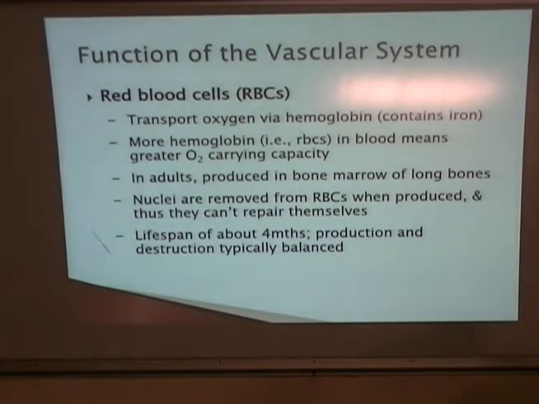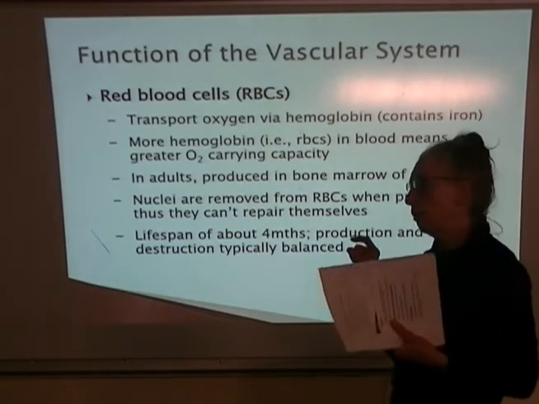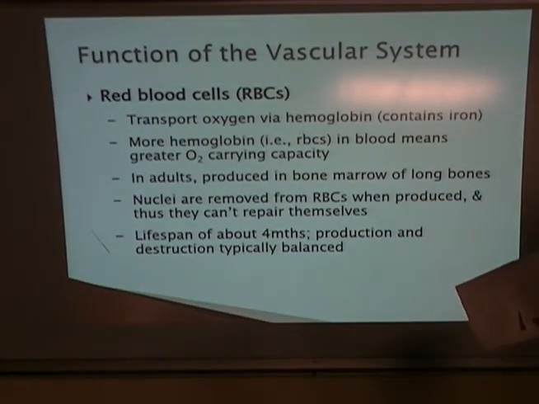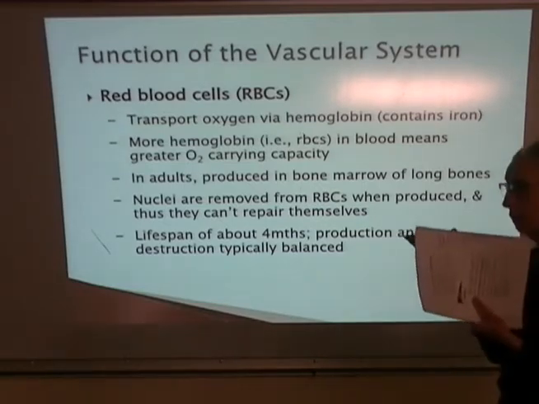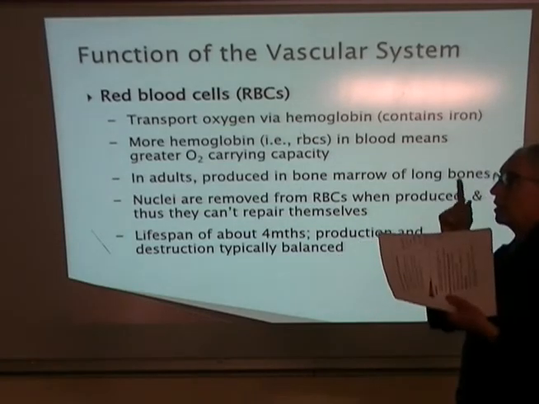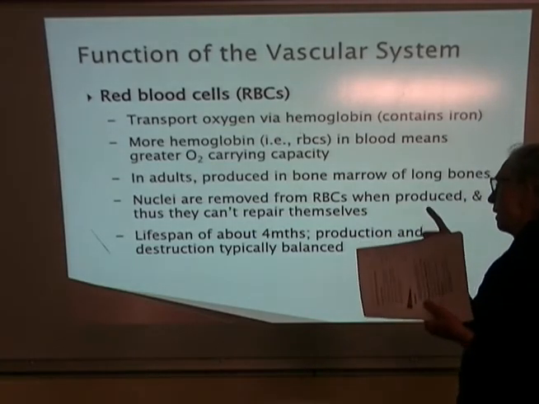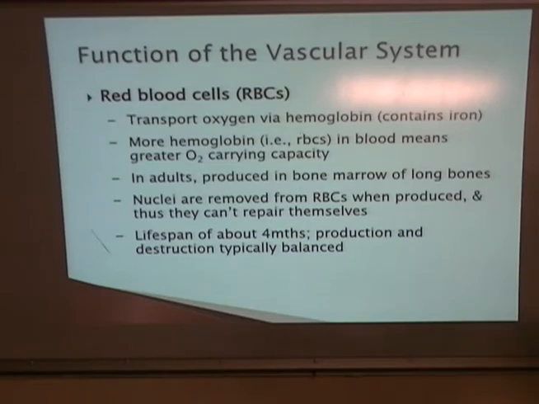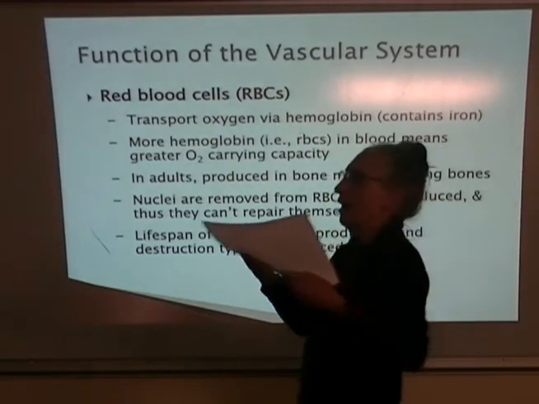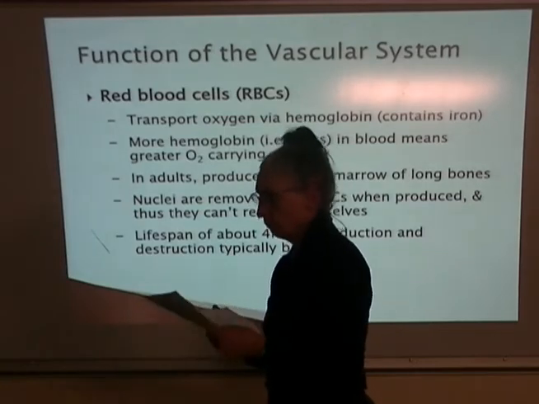Our red blood cells contain a molecule called hemoglobin, which contains iron, okay? And hemoglobin can transport oxygen, so it's like the bus system in the blood for the oxygen molecule. Okay? As long as there's iron present, so we'll come back to what happens when iron isn't present in a while. So the more hemoglobin we have, i.e. the more red blood cells we have, the better we are able to move oxygen around the body.